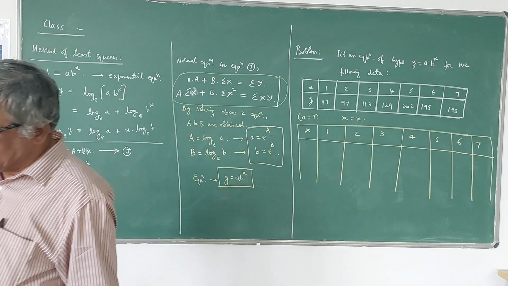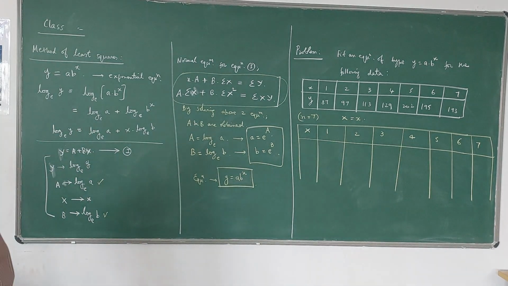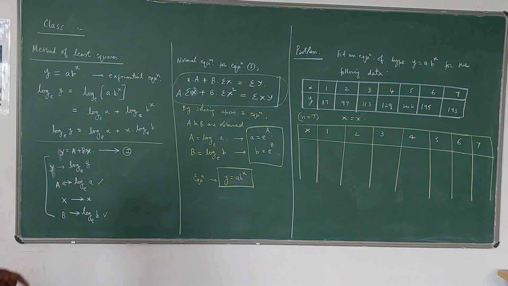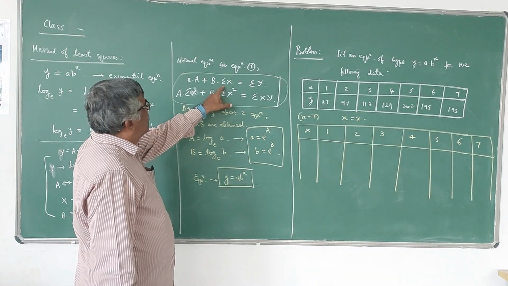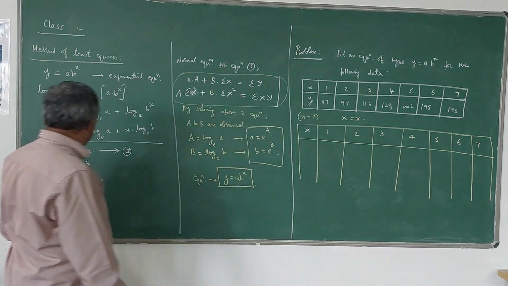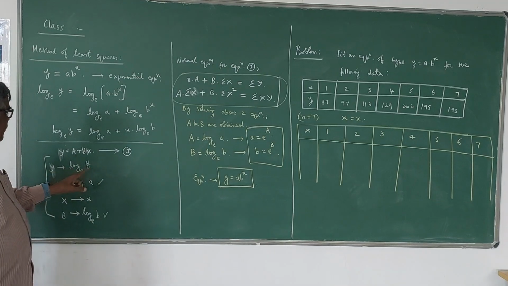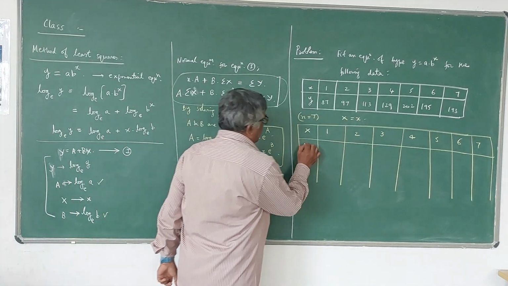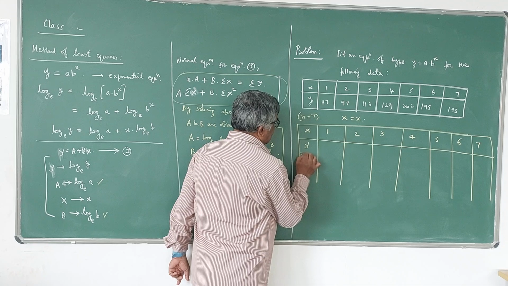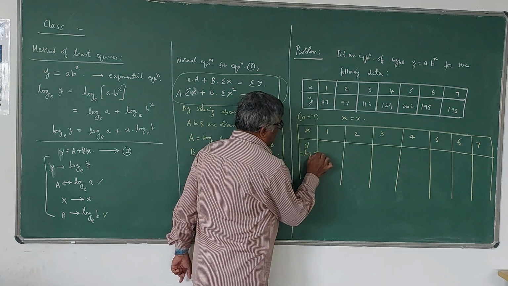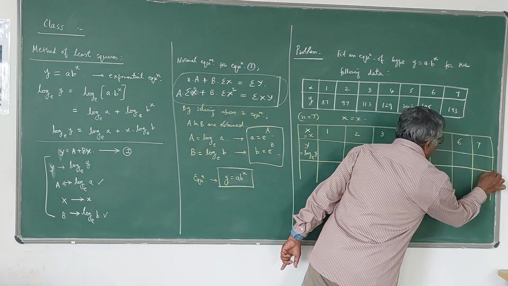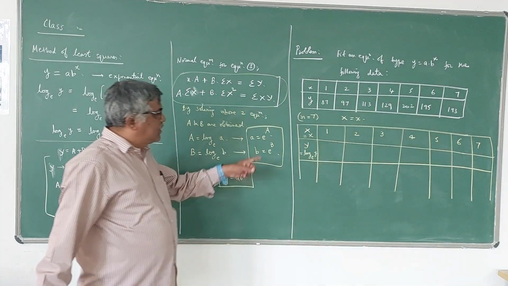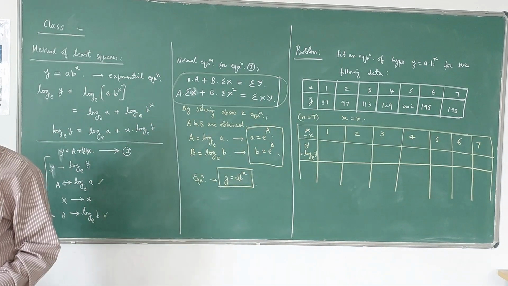Now the second relation is capital Y, which is nothing but log y to the base e. So whatever values of y are given, we have to take the logarithm of that to the base e.